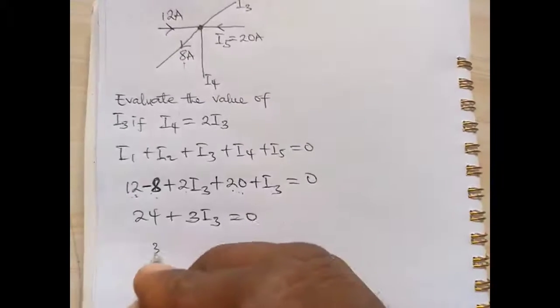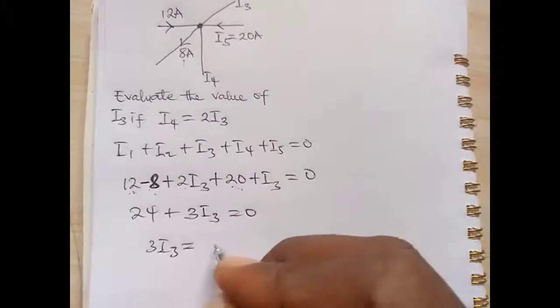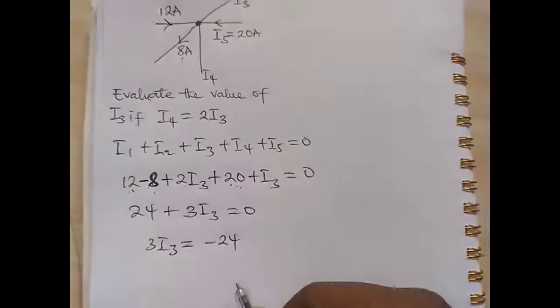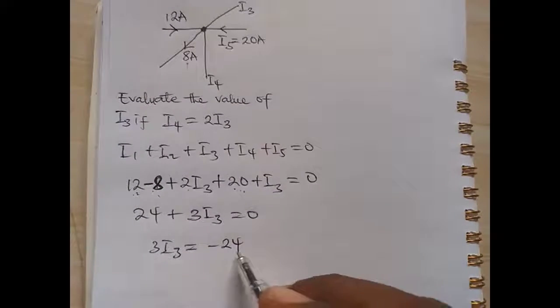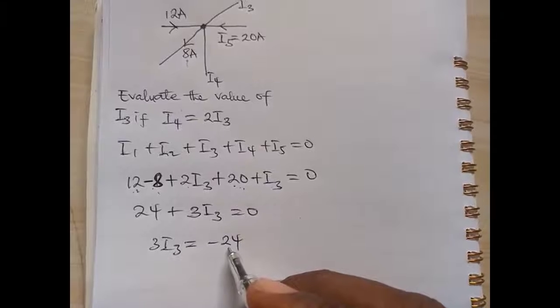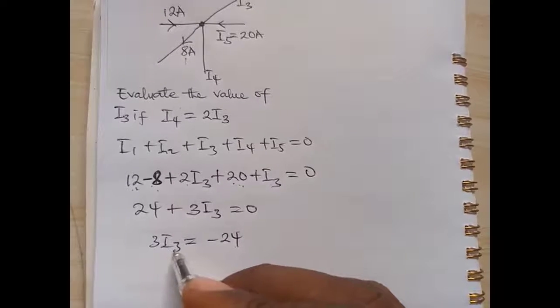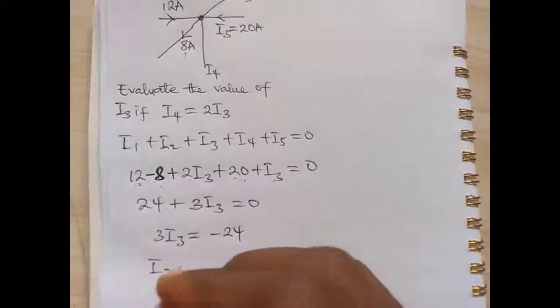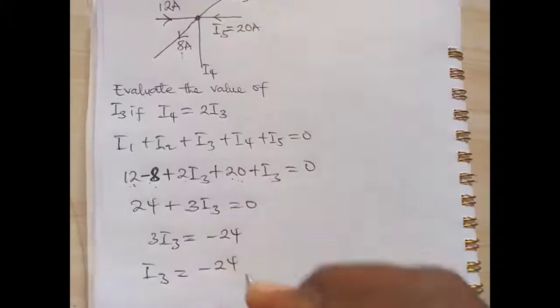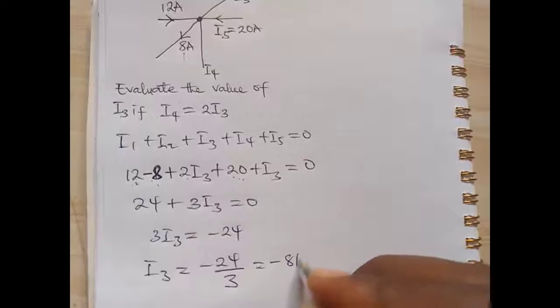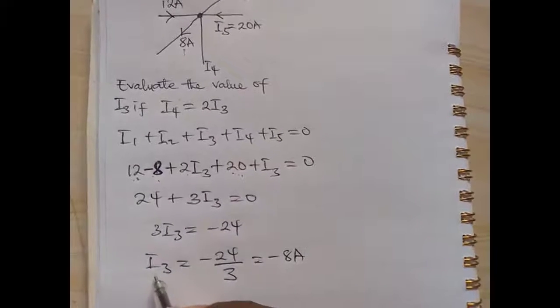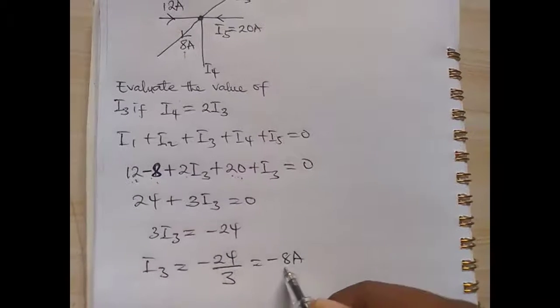Because of that, 3I3 will give us negative 24. What we are now looking for is only I3, so I3 will be equal to negative 24 divided by 3, which gives us negative 8 amperes. It means I3 is negative.